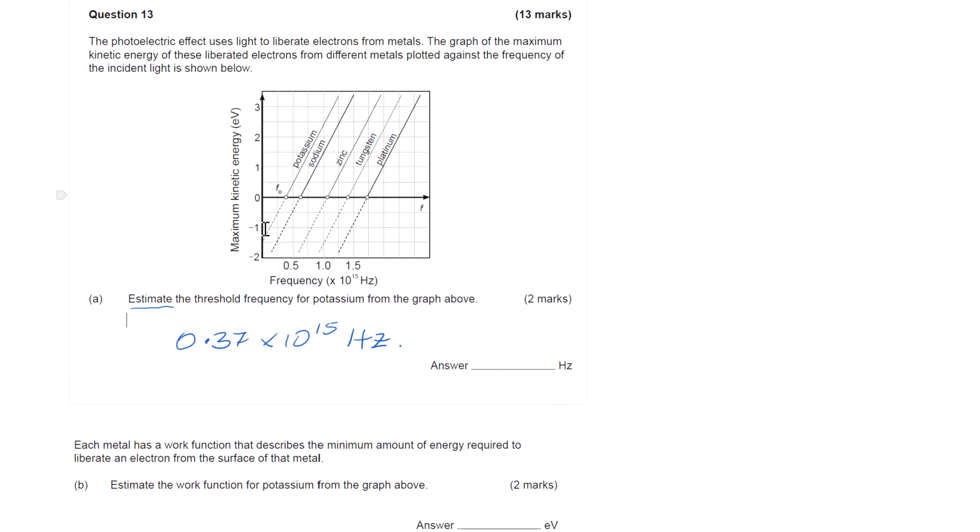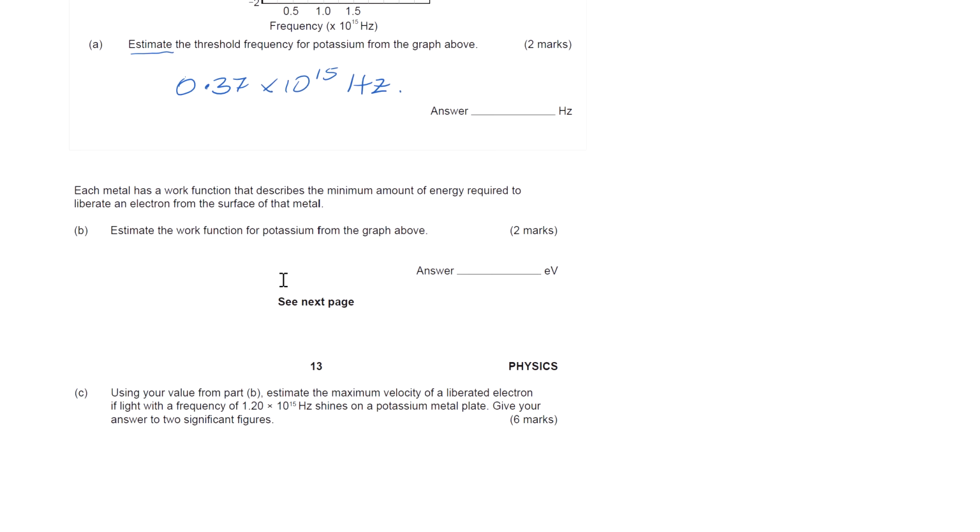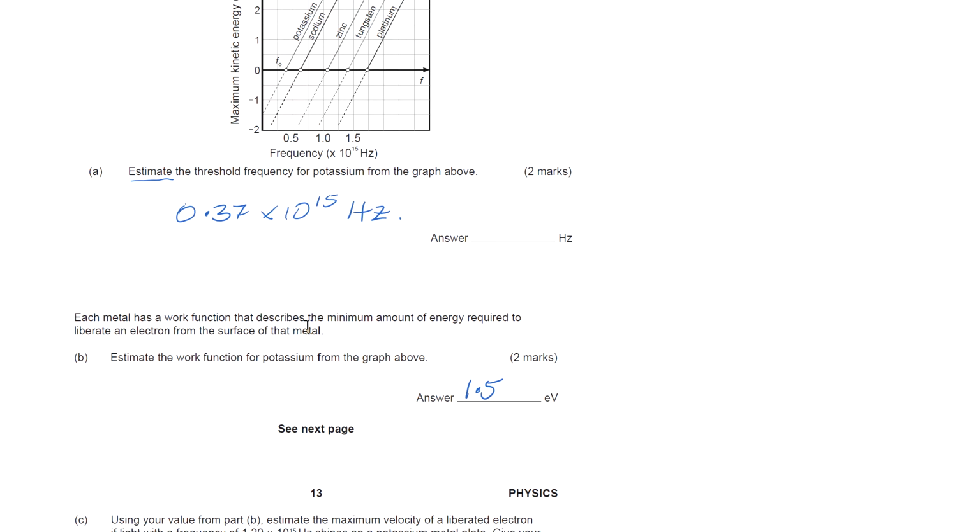So if we look, between -1 and -2, it's very close to that line there, so you could estimate it as being around about 1.5 electron volts. Again, only use 1 or 2 significant figures. In this case, you would need to use 2.